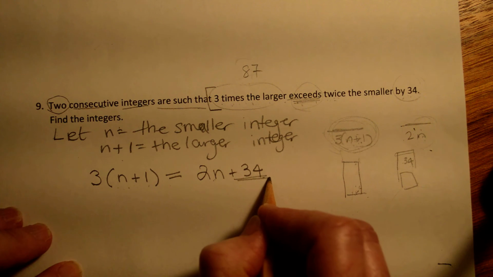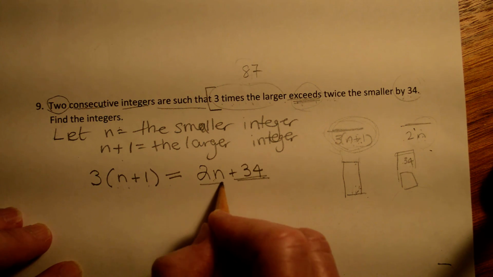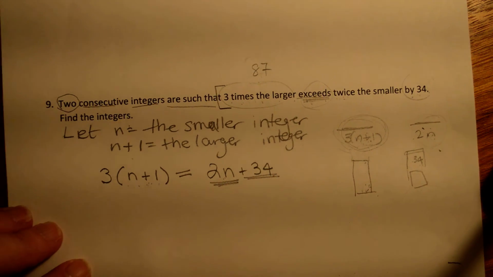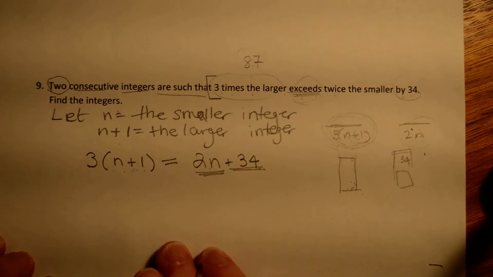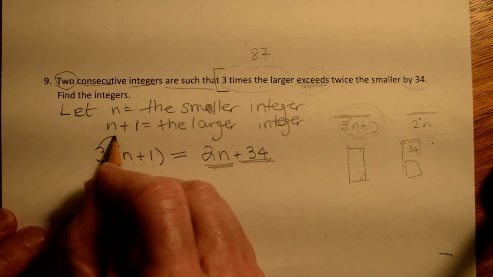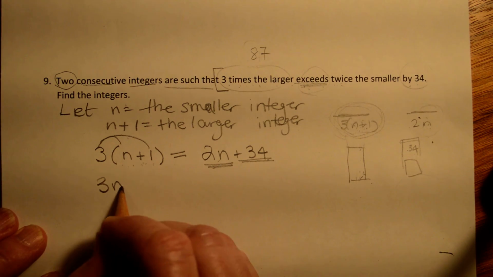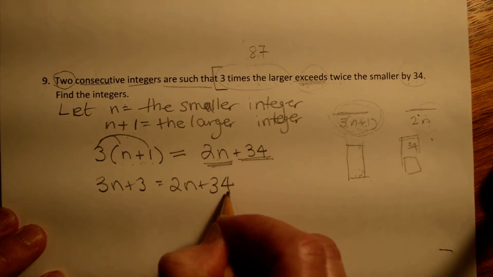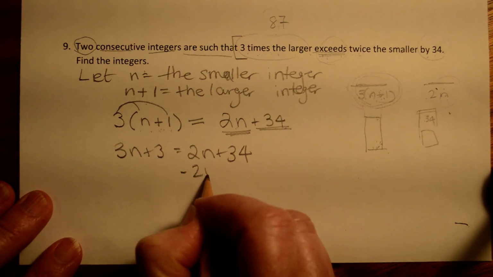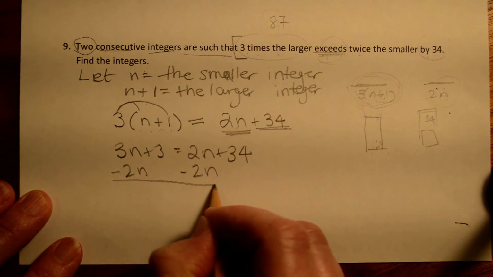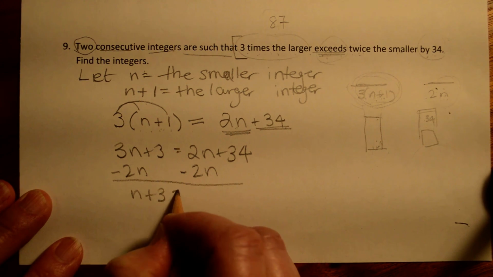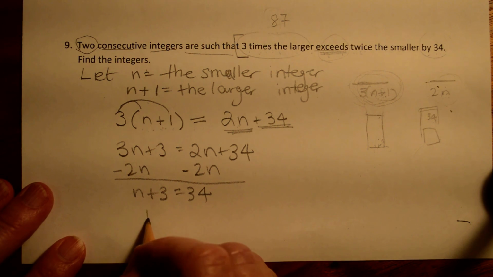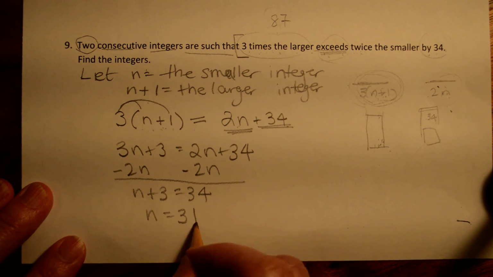So that plus 34 on this side is just bringing this tiny one up to this guy's size. All right, again, feel free to watch that part again. All right, let's distribute then. So we've got 3n plus 3 equals 2n plus 34. Subtract 2n, subtract 2n. We get n plus 3 equals 34. And then minus 3, so we end up with n equals 31.